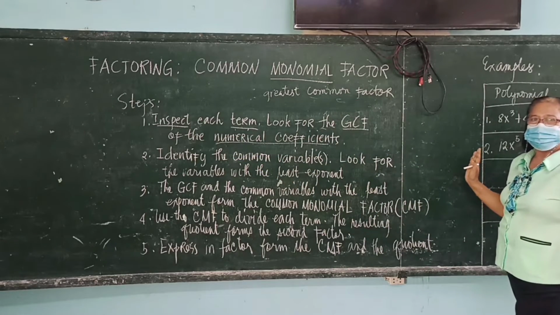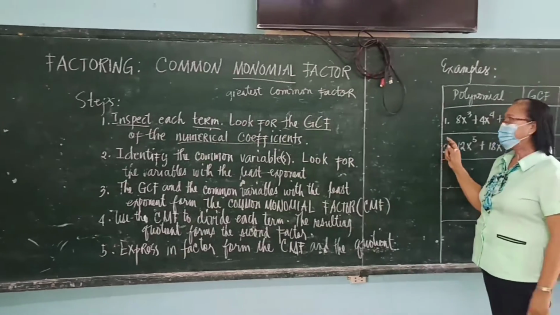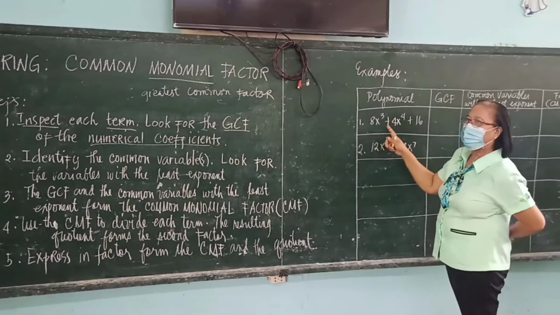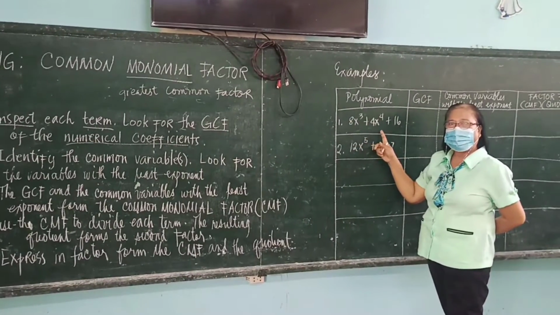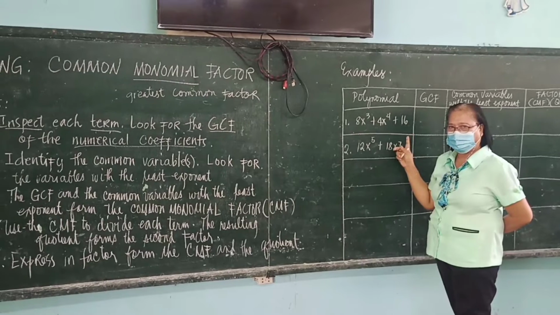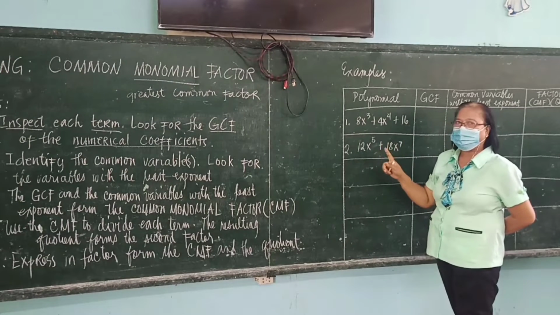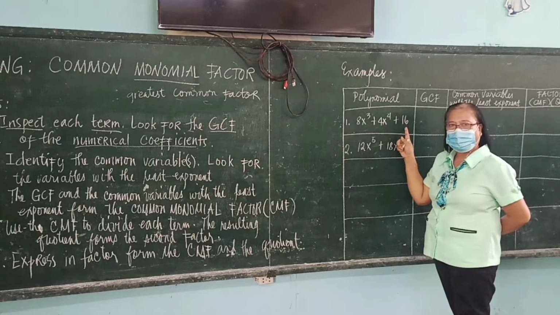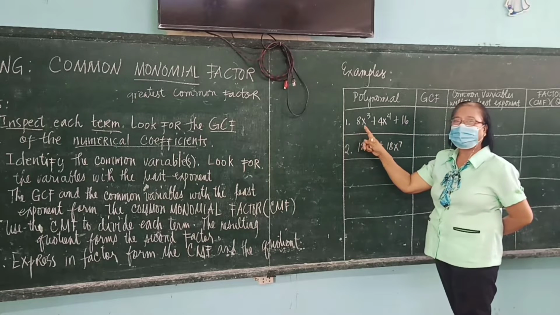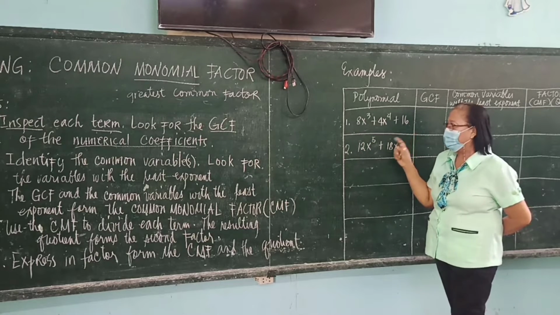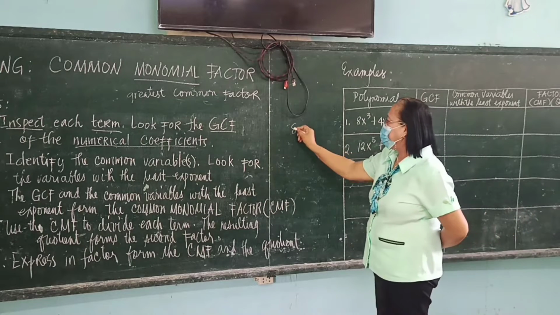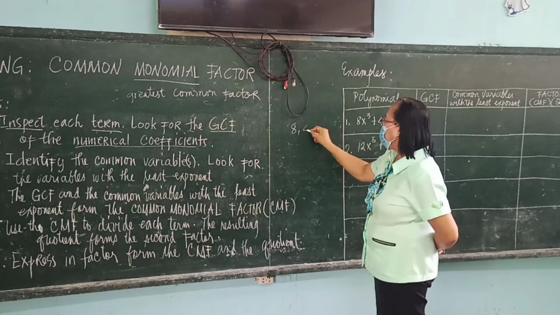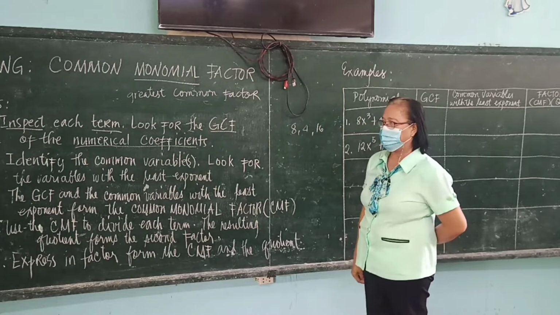For example, this is a polynomial which has 3 terms. On the first step, we have to inspect each numerical coefficient because we will have to find the greatest common factor. So we will have 8, 4, and 16.